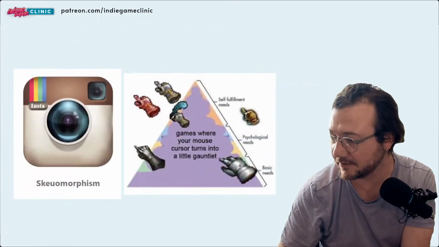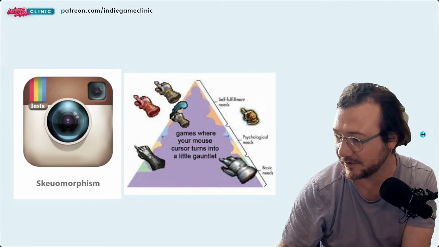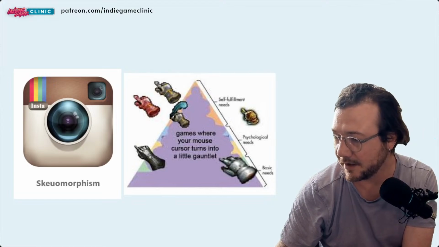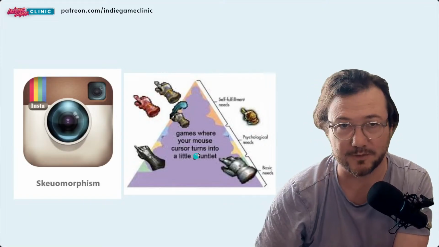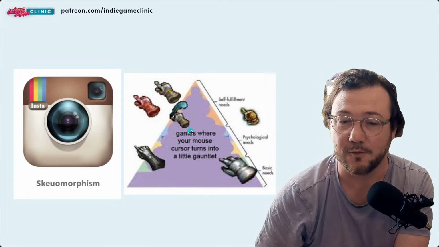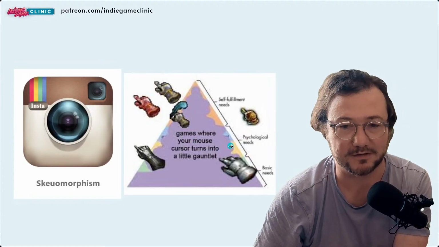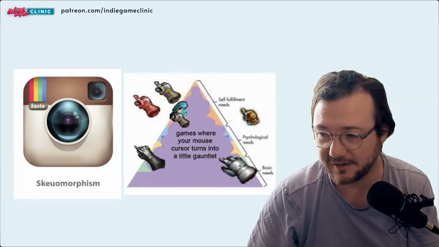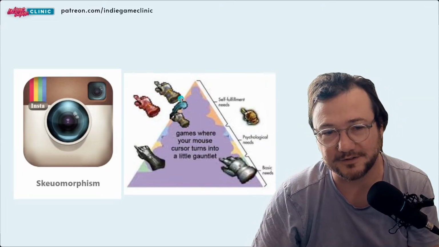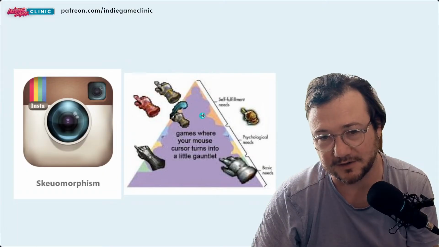Yeah, the Pip-Boy is a great example of a terrible good interface. This was just a little gag I found online about the best form of video game skeuomorphism, which is when your mouse cursor turns into a tiny little gauntlet. And here it's explaining the very correct position that this represents the entirety of Maslow's hierarchy of needs.